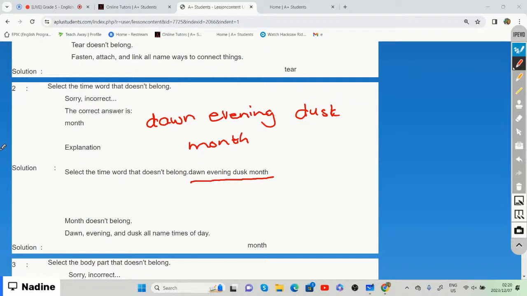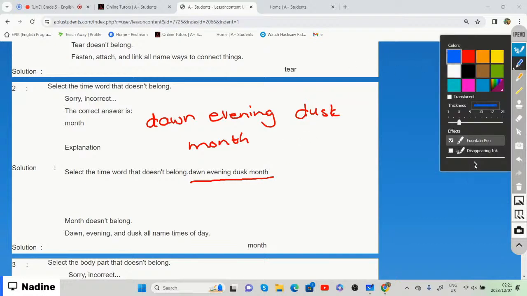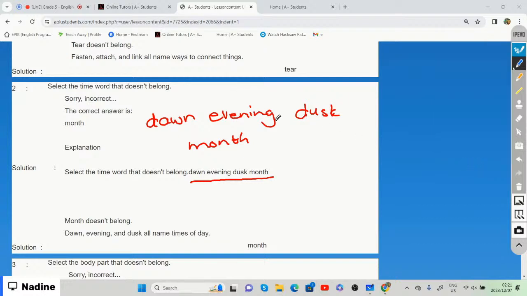So dawn, evening, dusk, and month. If we were to circle specifically the word that does not belong, we can say month, because month is not a time of the day, right?